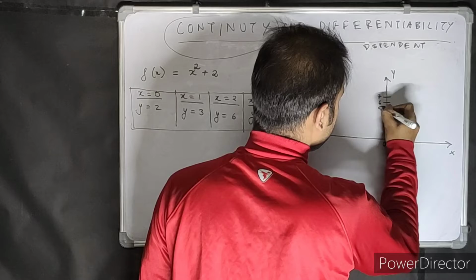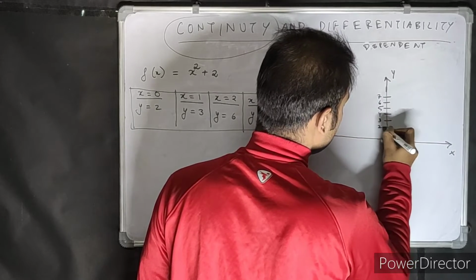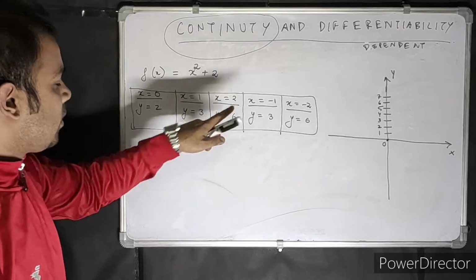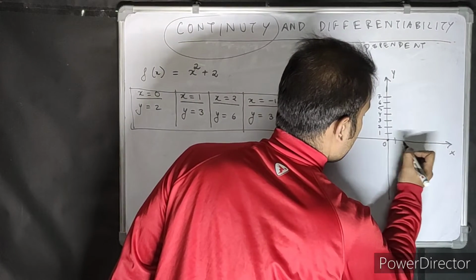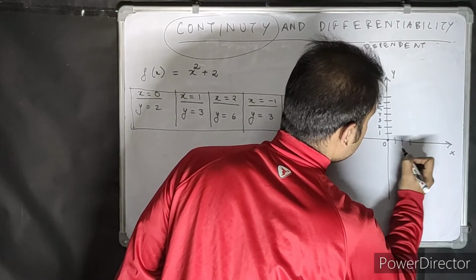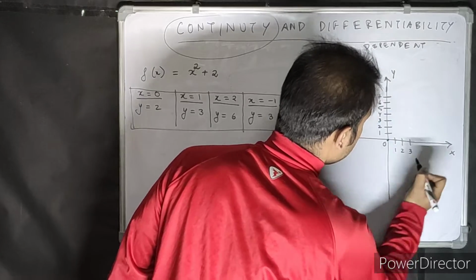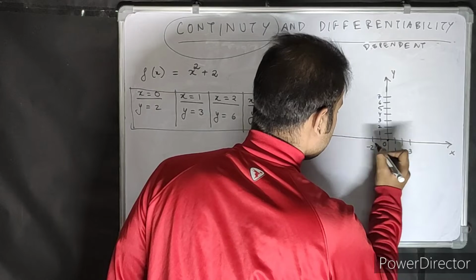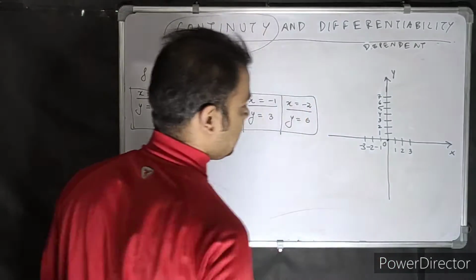Then positive till 2 on the x-axis, 1, 2, right till 3. Negative also the same thing I took: minus 1, minus 2 and minus 3 for safety.